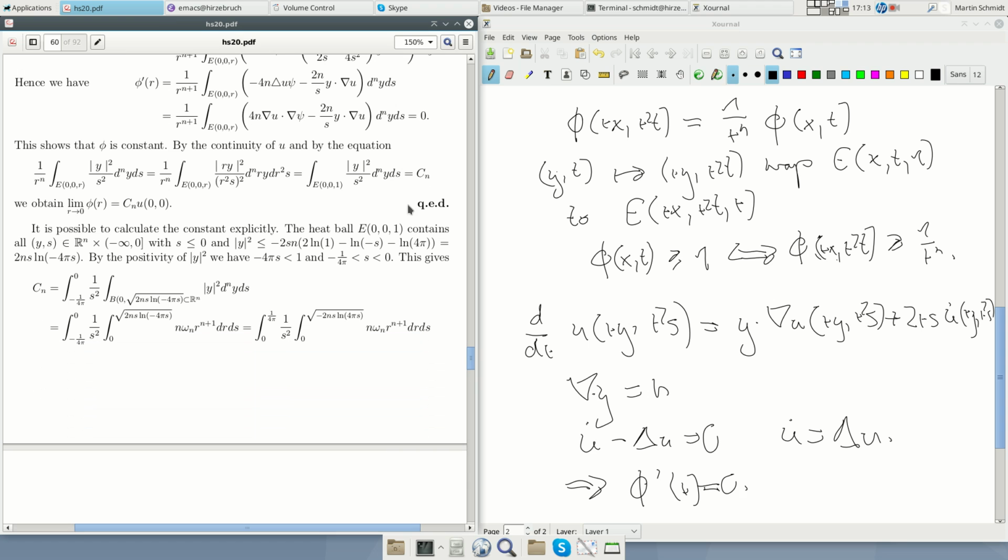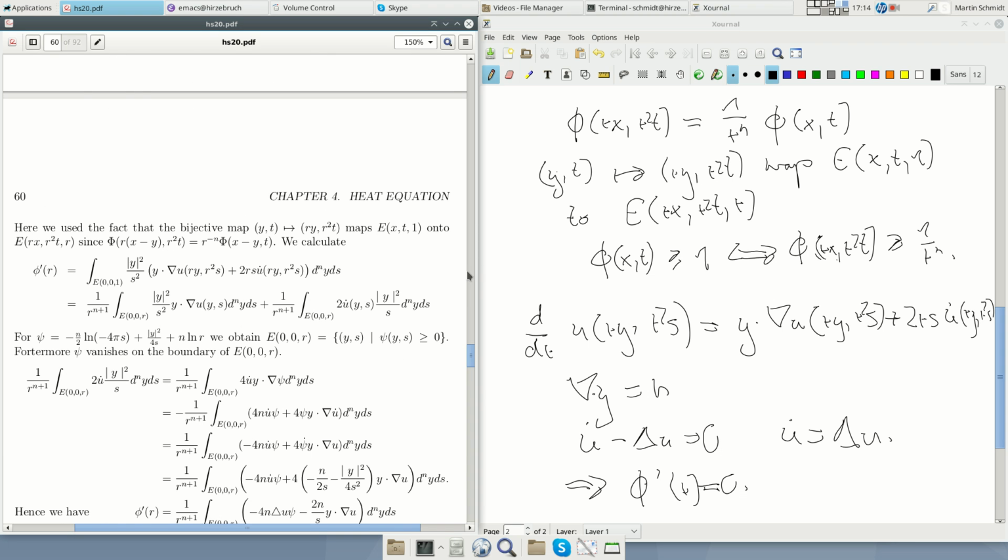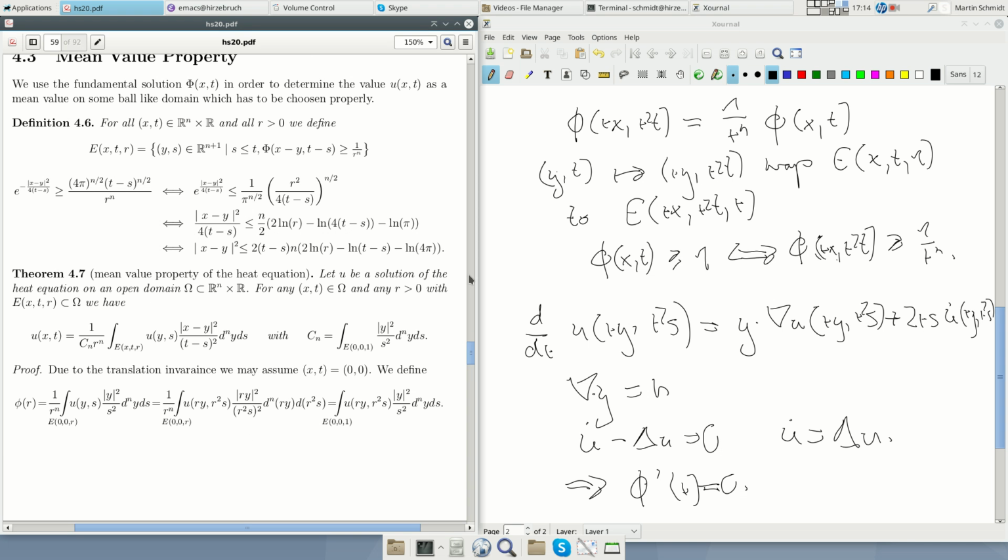One can explicitly calculate this constant. Let us show you how one can calculate this. Okay, this ball here is just defined by this inequality. This is nothing else than written down this inequality, for x equals 0 and t equals 0.